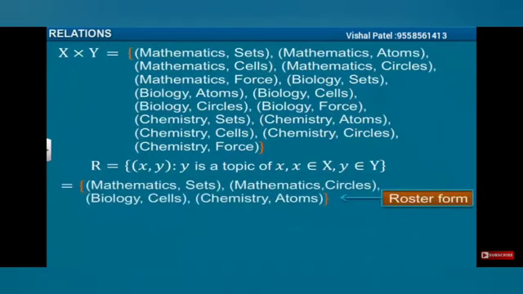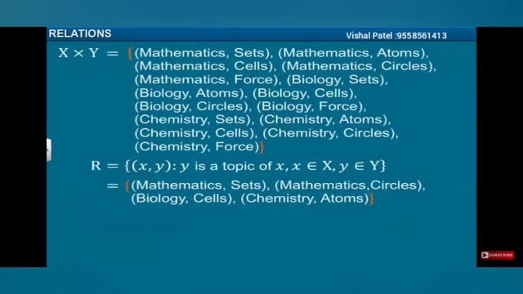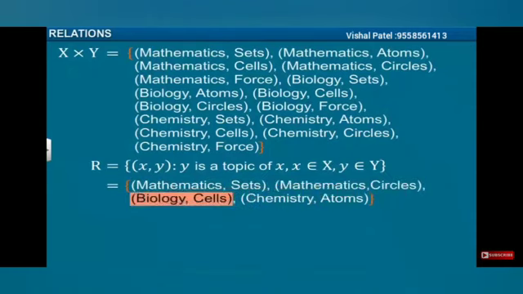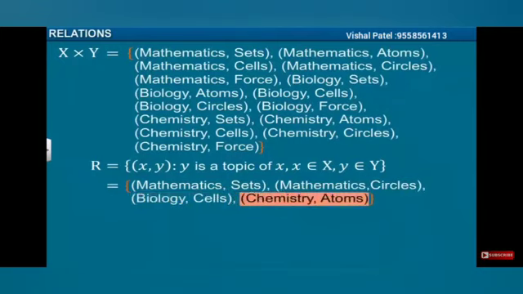So if x is mathematics, then your answer is set and circle. If x is biology, then your answer is cell, and if x is chemistry, then your answer is atom. So set is a topic of mathematics, circle is a topic of mathematics, right? Cell is a topic of biology and atom is a topic of chemistry. So these four relations are defined from X cross Y.